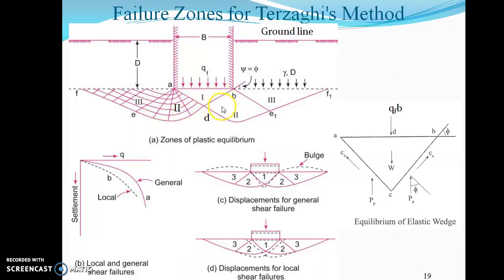Now, what is the meaning of plastic equilibrium and elastic equilibrium? In brief, I had told you all, any material, when it is going to be plastic, or ideally plastic material, we had studied this in physics. What usually happens when you apply stress onto any material, the strain also develops. It will start deforming. Okay, in elastic limits, stress is directly proportional to strain.